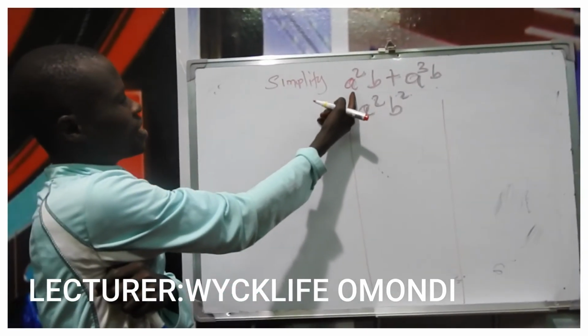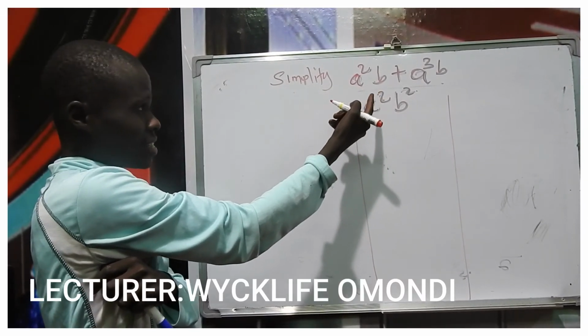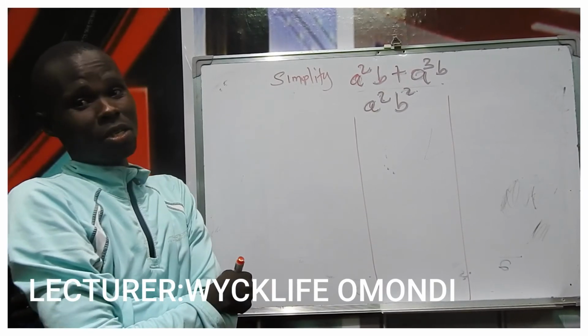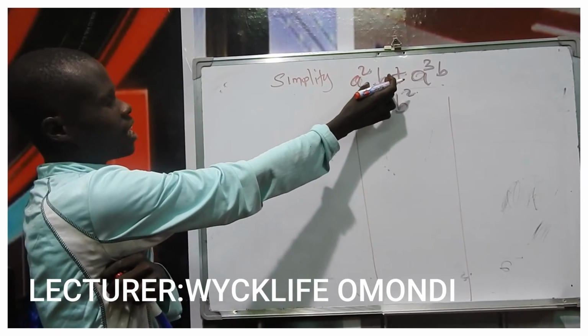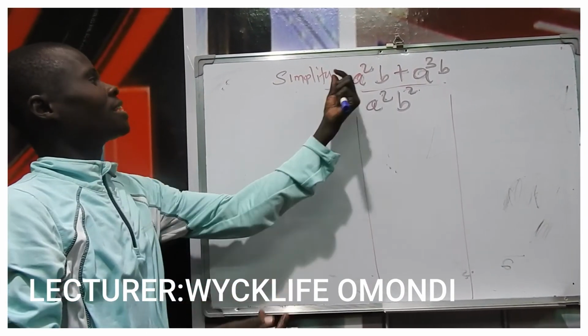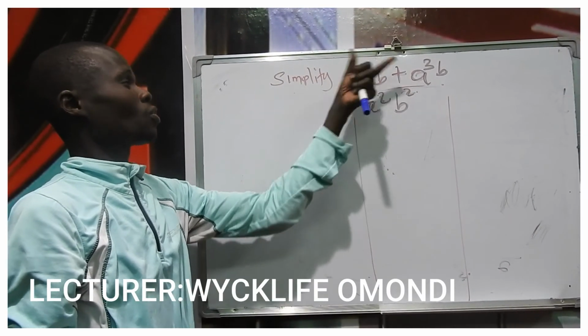We have a squared b plus a cubed b all over a squared b squared. If we consider our numerator, we'll find that a squared is common and b is also common.